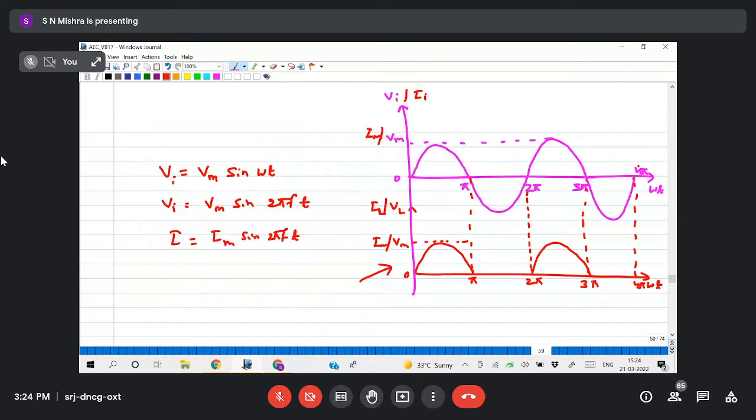So what is IL? You see here, this is my IL. From here to here, that means 0 to pi, it is changing like a sine wave, and pi to 2 pi, it is 0. So I can say IL equals Im sine omega t for 0 to pi.